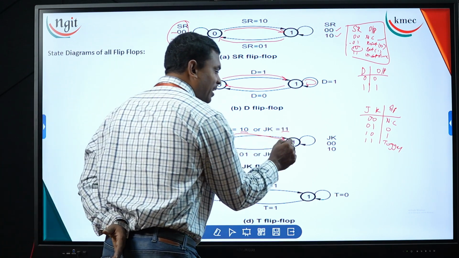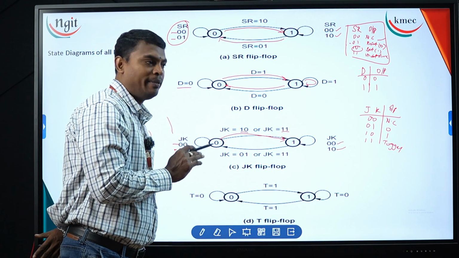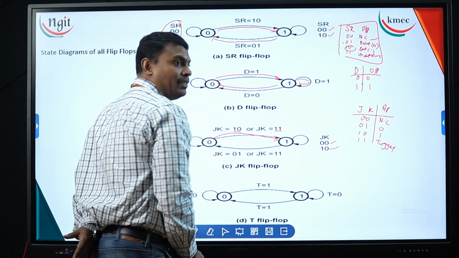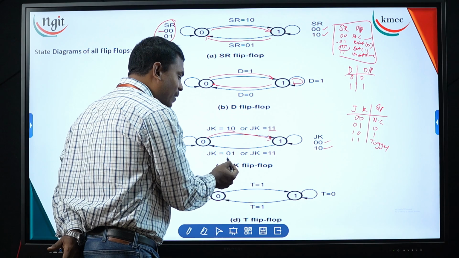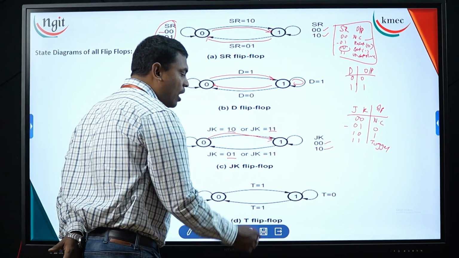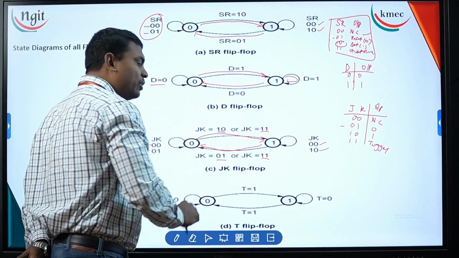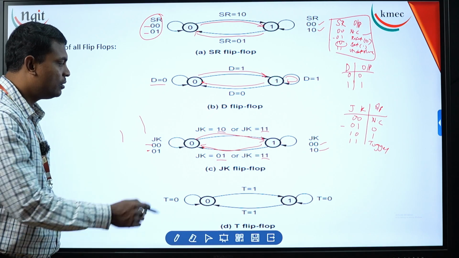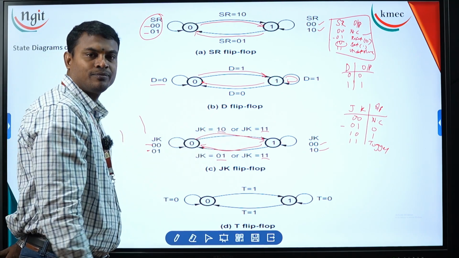It will remain in 1 for 0, 0 and for 1, 0. Again from 1 to 0, it comes back when 0, 1 occurs, or when 1, 1 occurs, it should travel to the 0 state from the 1 state. So this is the transition that takes place between 0 and 1.